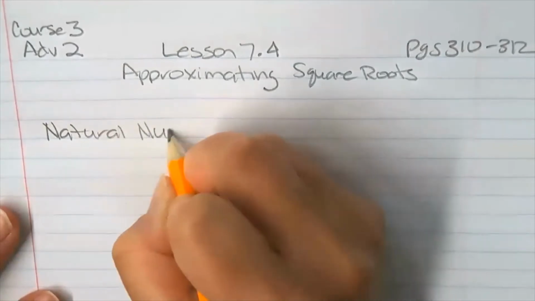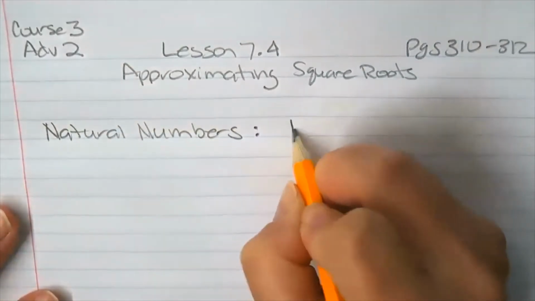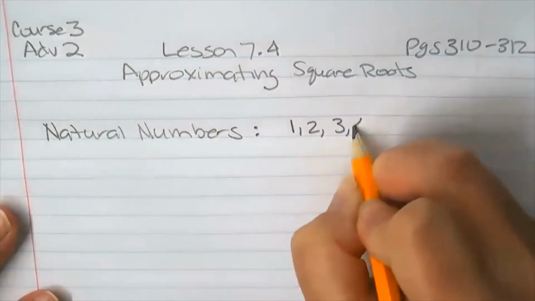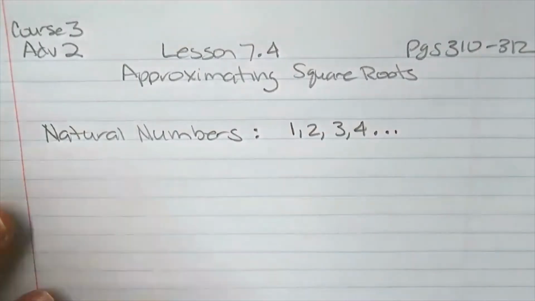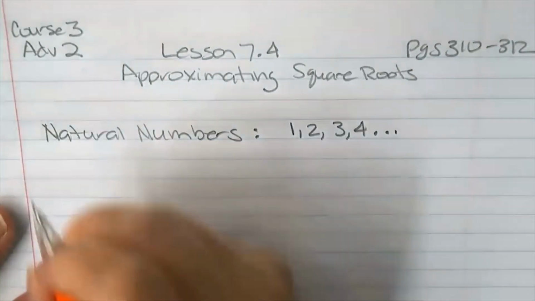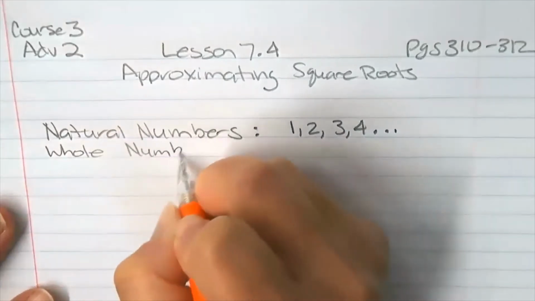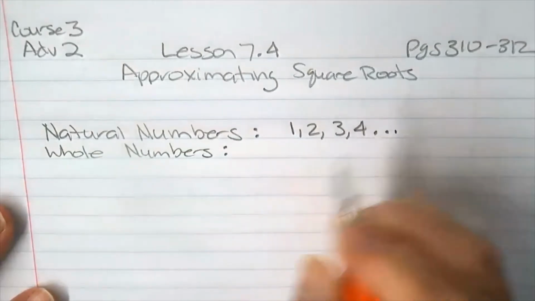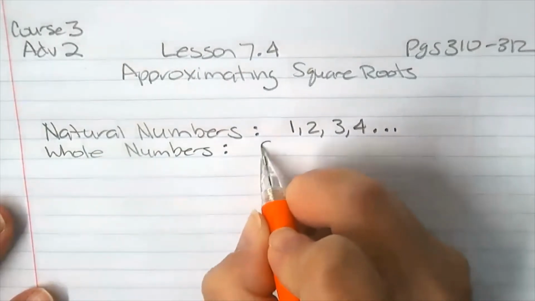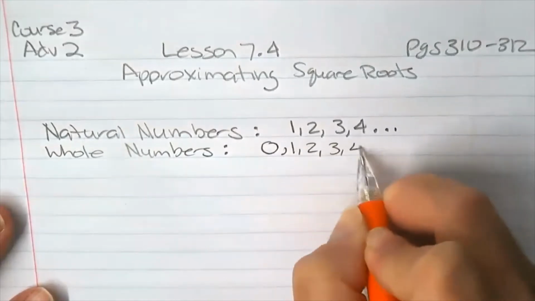Natural numbers. Natural numbers are 1, 2, 3, 4, and so on. Whole numbers. Whole numbers include the natural numbers, but start with 0: 0, 1, 2, 3, 4.